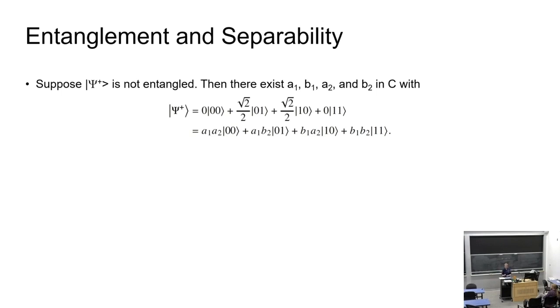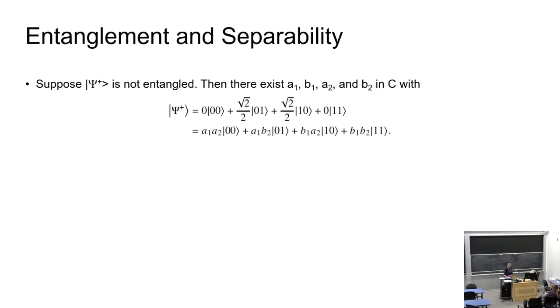That would mean A1 times B2 is equal to square root of 2 over 2, and that's not possible. That's a contradiction.